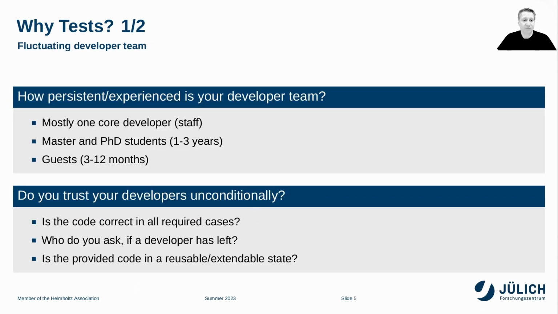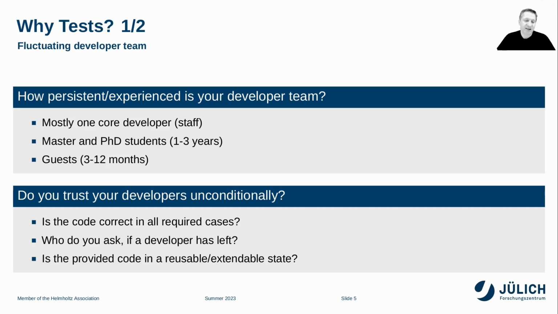You could ask yourself, why should I write tests at all? So think about the following fact. You have a developer team, and the main question you could ask yourself is, how persistent or how experienced is your developer team? Most of the time you have one core developer, at least in scientific projects, which is usually staff, that deals with this project for a long time, usually years. Then you have some master students and PhD students that contribute to the project for a certain amount of time, usually 1 year to 3 years if it's a PhD student.